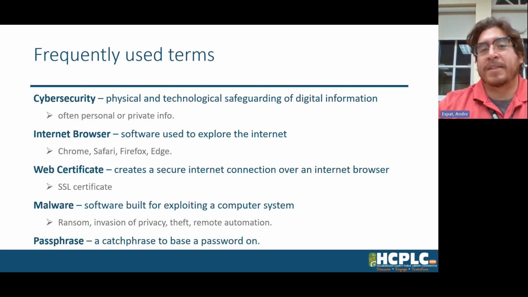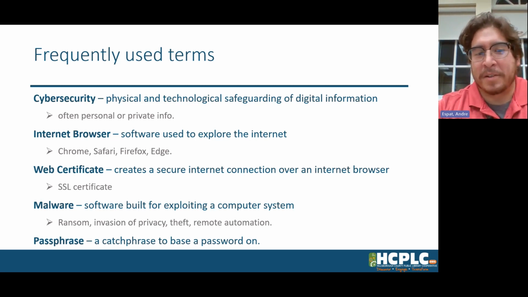So if that website doesn't have a certificate that's valid and it tries to pass it to you, your browser is going to be like, hey, whoa, this isn't secure. Proceed at your own risk kind of situation. But all you need to know is that a web certificate helps secure it. We'll get into how you can tell that's the case in just a little bit.